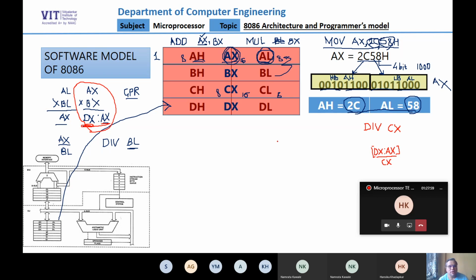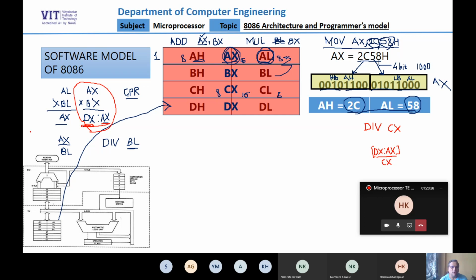This is not allowed. Like I already said, when we write div BL, BL will act as a denominator, and you know BL is an 8-bit register. I cannot have AL or AH as the numerator, because if I take AL as a numerator, AL by BL is 8-bit by 8-bit division. This is also not allowed by the processor. So 8-bit by 8-bit division the processor doesn't allow. 16-bit by 16-bit division the processor doesn't allow.